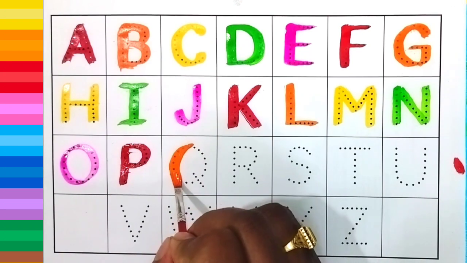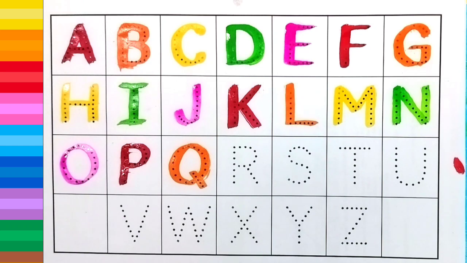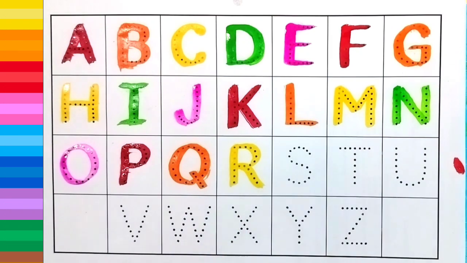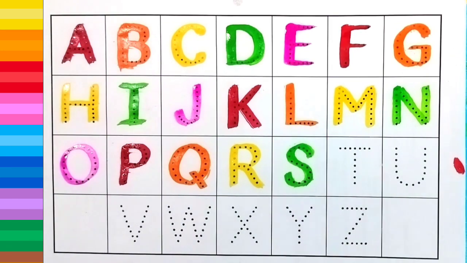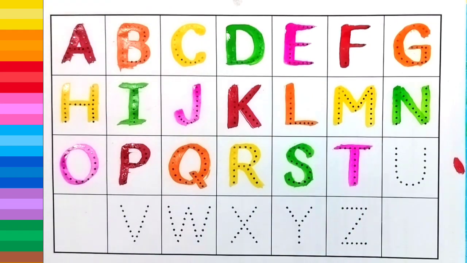Q for quail. R for rabbit. S for soup. T for train.